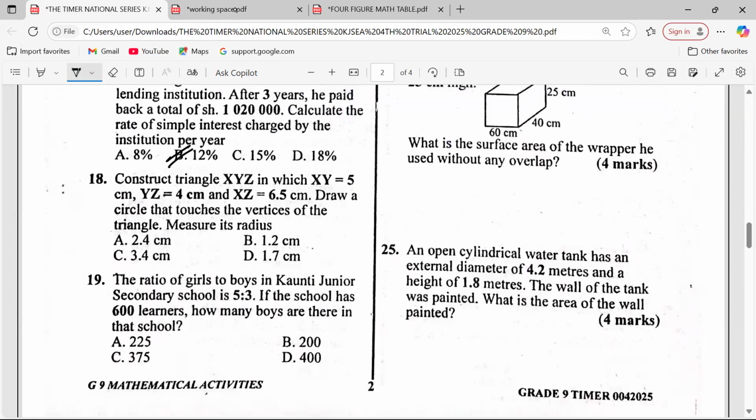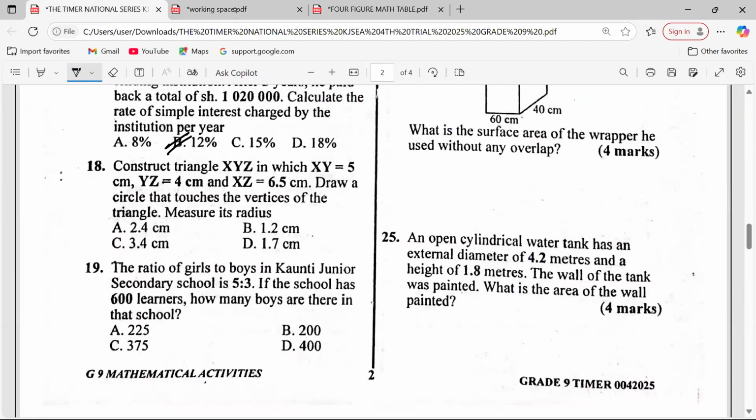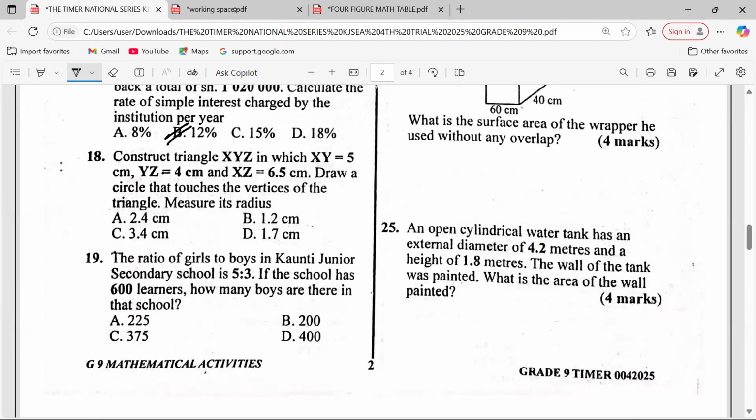Number 18 from geometry now. Construct triangle XYZ in which XY equals 5 centimeters, YZ equals 4 centimeters, and XZ equals 6.5 centimeters. Draw a circle that touches the vertices of the triangle. Measure its radius.